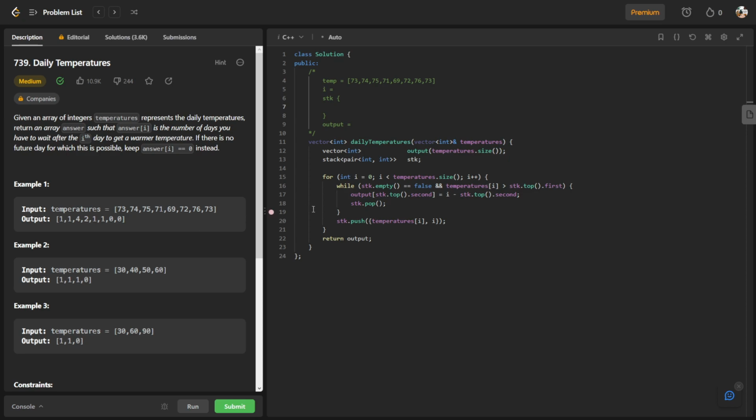The way I did it was to use a stack. I'm going to use the same example. Initialize i equal to 0, and use a for loop to iterate through each number in temperatures, and while the stack is not empty and the temperature is higher than the one on top, I will do something.